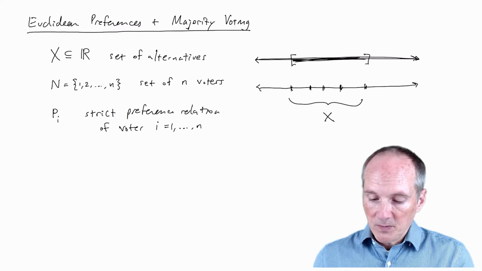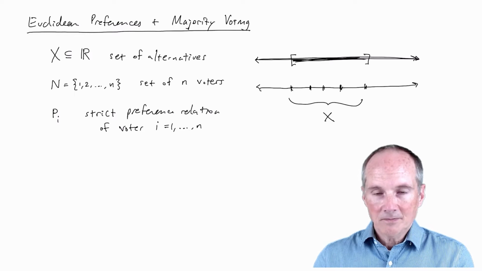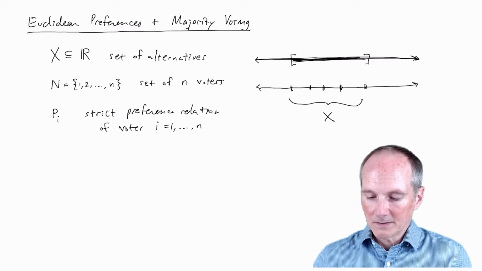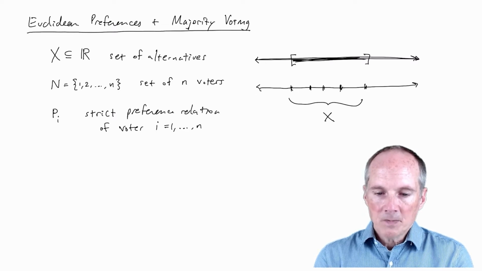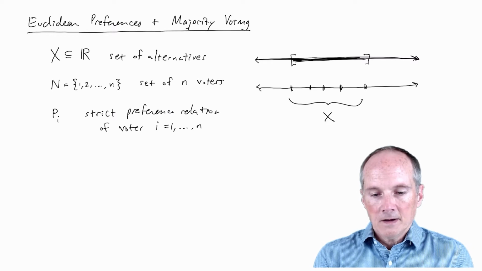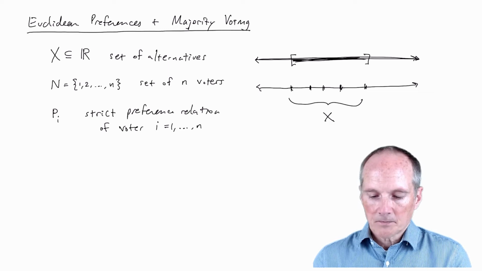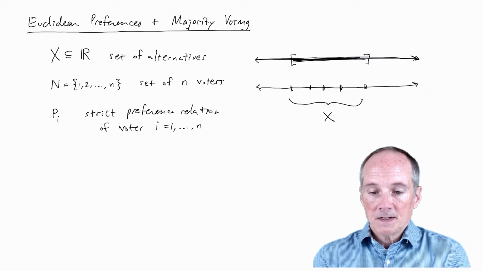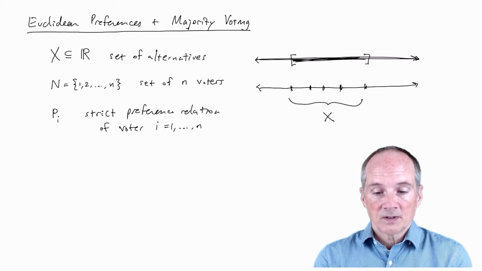Now, I should start off by giving some motivation, I suppose. The set of alternatives being one-dimensional is a mathematical assumption here, but it captures situations where the alternatives have this kind of structure. So in political science, a lot of times we're thinking about policies or politicians as lying on some spectrum from more liberal to more conservative.